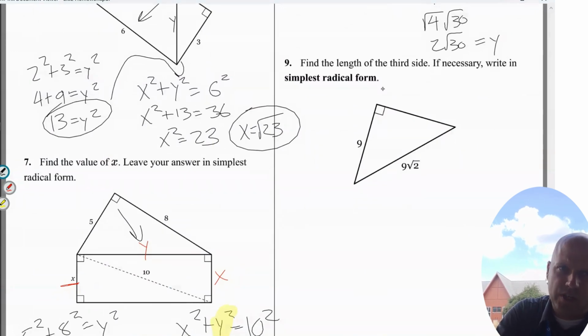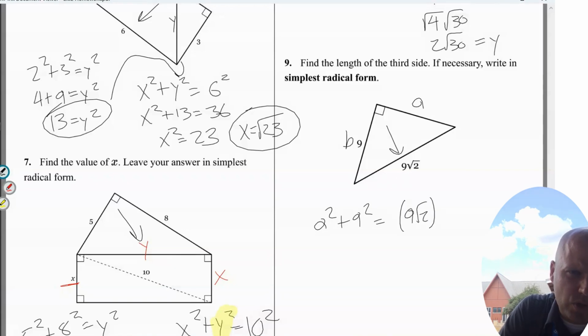I know this answer is going to be 9, but watch this. This is a C. This is like an A. This is a B. A squared plus 9 squared equals 9 root 2 squared. What the heck is 9 root 2 squared? Well, it's 9 root 2 times 9 root 2.